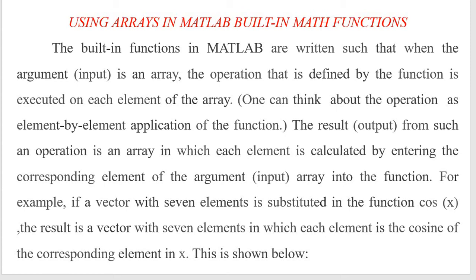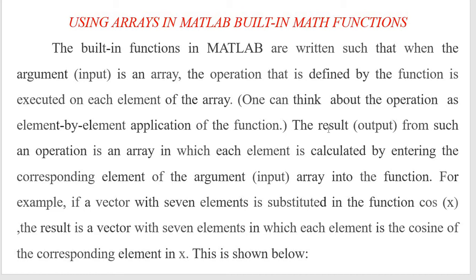Built-in functions in MATLAB are written such that when the argument, that is the input, is an array, the operation defined by the function is executed on each element of the array. One can think of the operation as an element by element operation of the function.